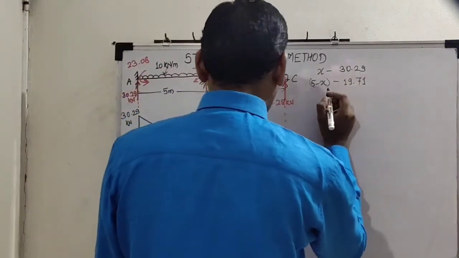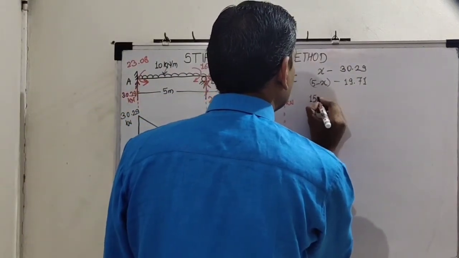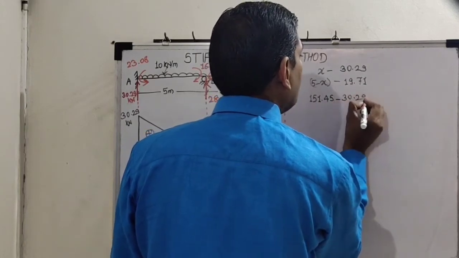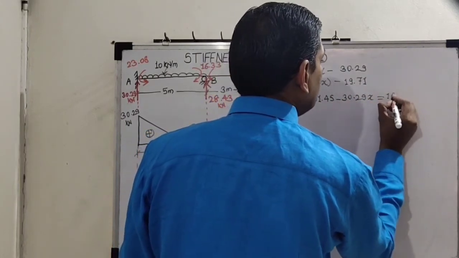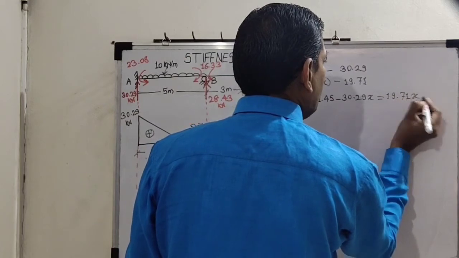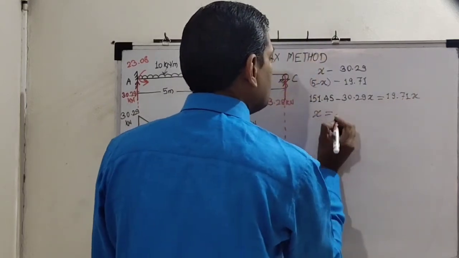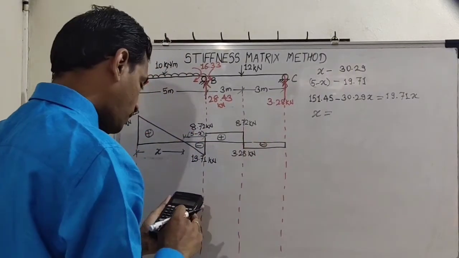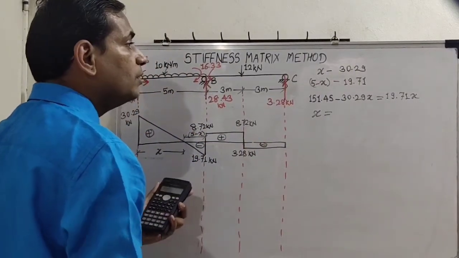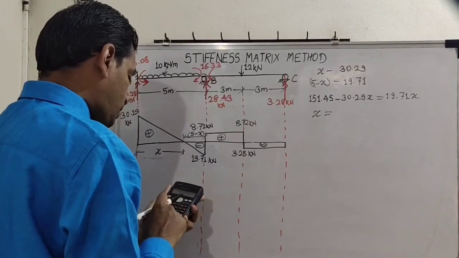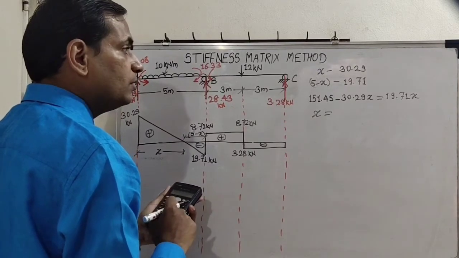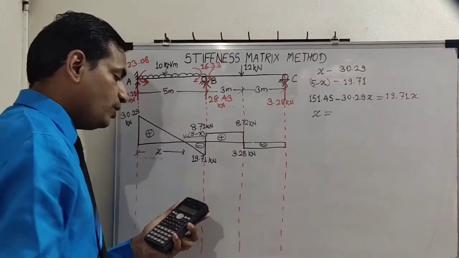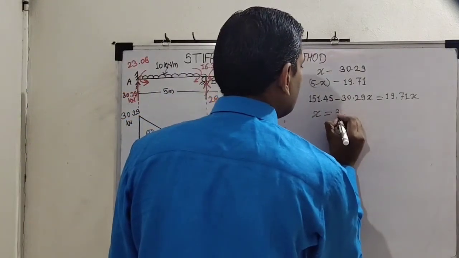So it is 151.45 minus 30.29x equal to 19.71x. So x is 151.45 divided by 30.29 plus 19.71. So it is 3.03 meters.